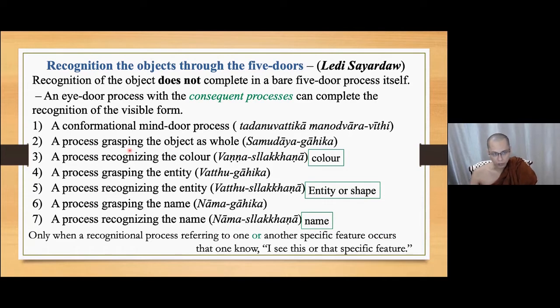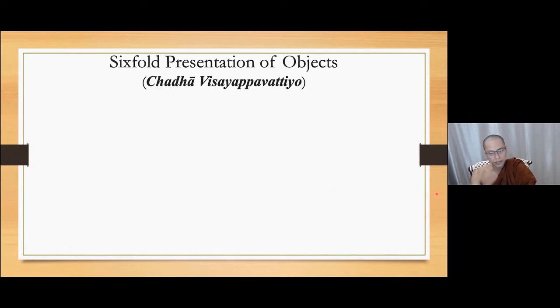Okay, this is how we recognize the object through the 5 door process, and not only the 5 door process but also the following mind door process.